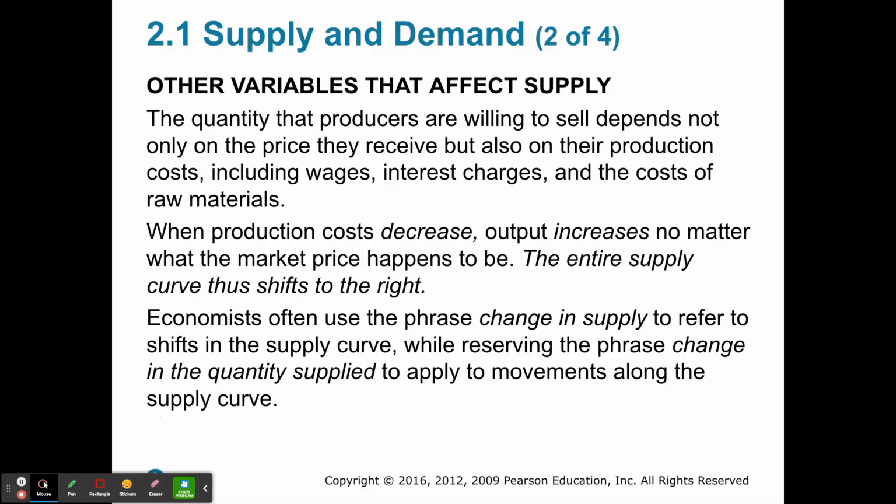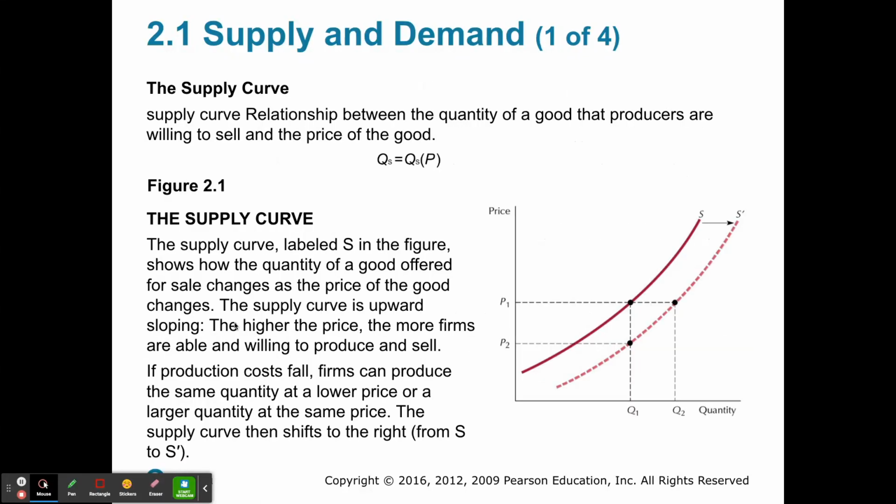Now, with the supply curve, we can describe movements along the curve. That would be changing the price, allowing all the other conditions to remain the same.